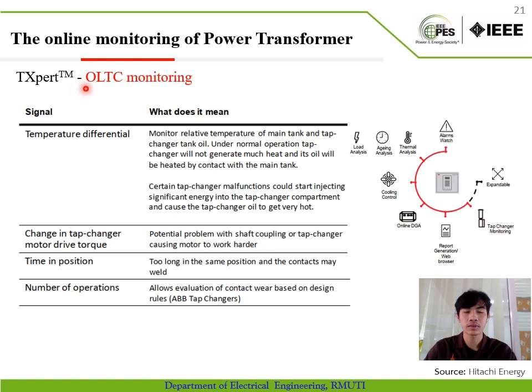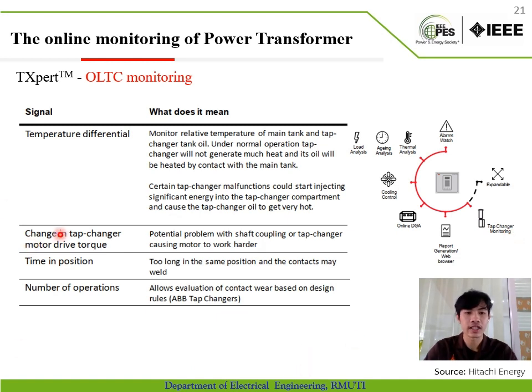TM on-load tap changer temperature monitoring. We can monitor the temperature differential that relates to the temperature of the main tank and the temperature of the tap changer tank oil. Under normal operation the temperature will not generate much heat, and its oil will be heated by contact with the main tank.